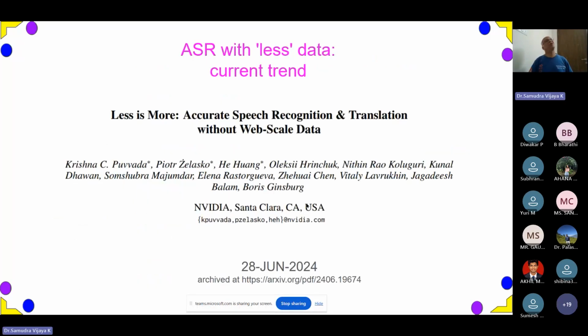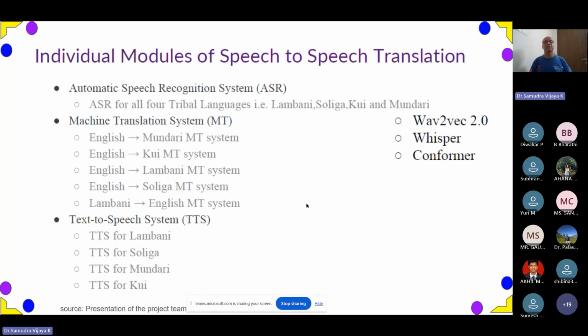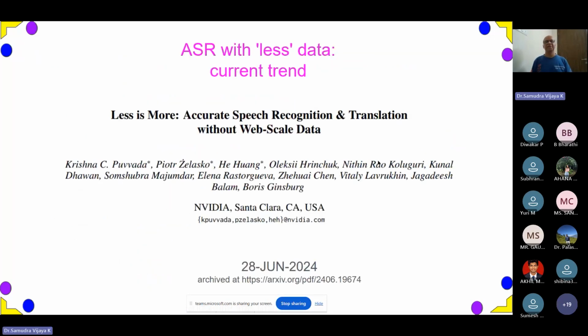Now the trend is, because deep neural networks require large amounts, thousands of hours of data, how can you build systems using 5 hours or 10 hours of data and still use a neural network? That's where people have attempted the adaptation approach. The current trend is speech recognition with less data.